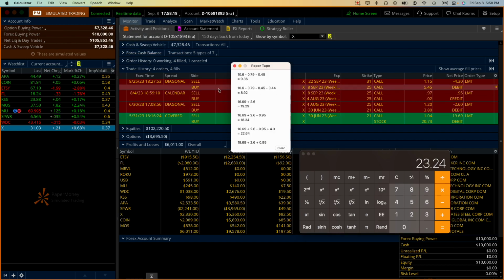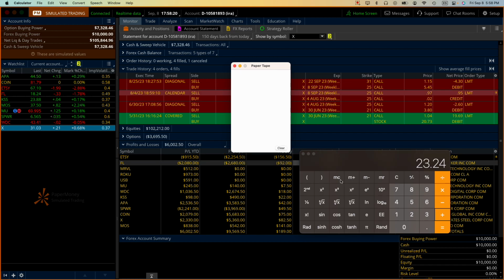Show paper. Let's clear that so we can follow what we're doing here. 19.69. Debit, so add 2.6. Credit, subtract 0.95. And add debit plus 4.3, 25.64.